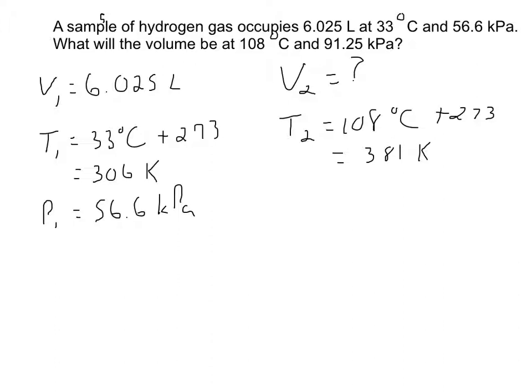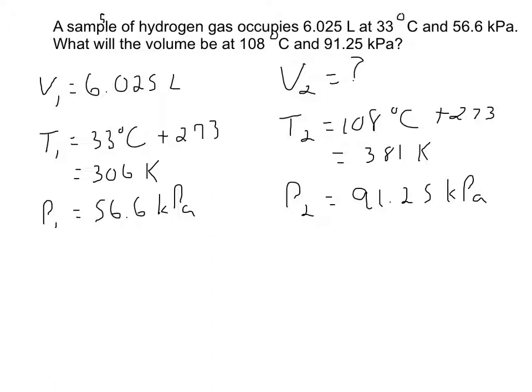And then the pressure is also changed, and that pressure is 91.25 kPa. So we have put all of those numbers out there: V1, T1, P1, V2, T2, and P2. Now we need to use the combined gas law equation, put these numbers into it, and go from there.